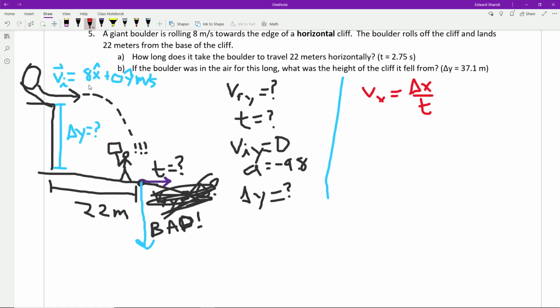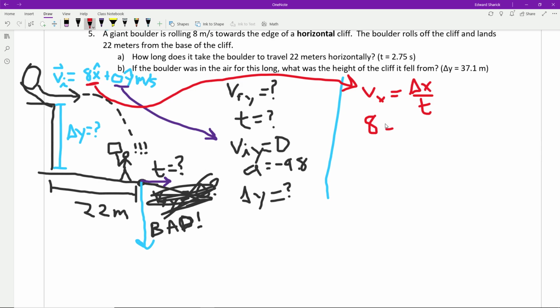Vx is going to be the 8 from our initial horizontal speed. This is why it was important to write it like 8x hat and 0y hat. The 0 here tells us our VIY. The 8 here is what's going to tell us our Vx.